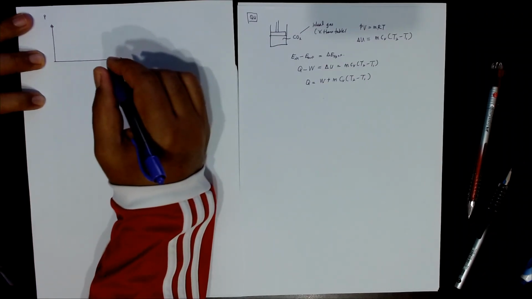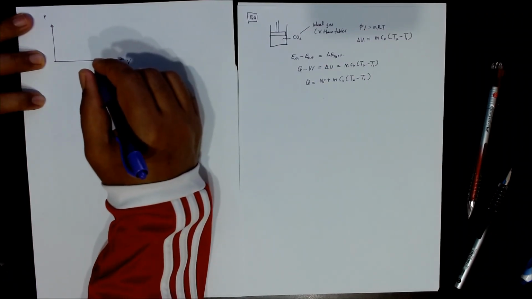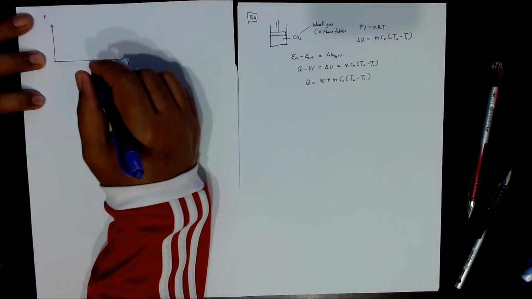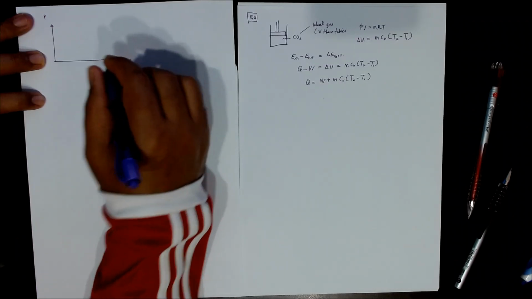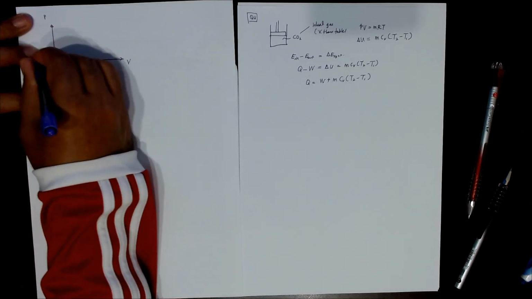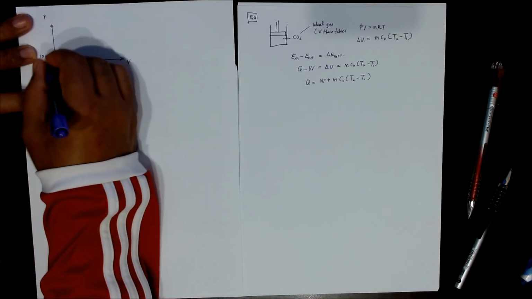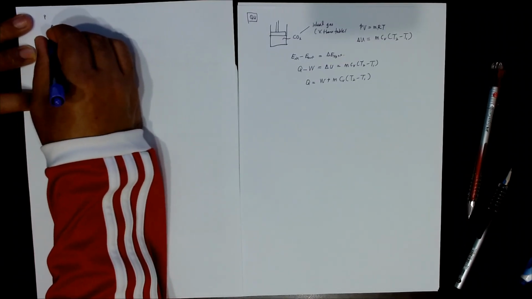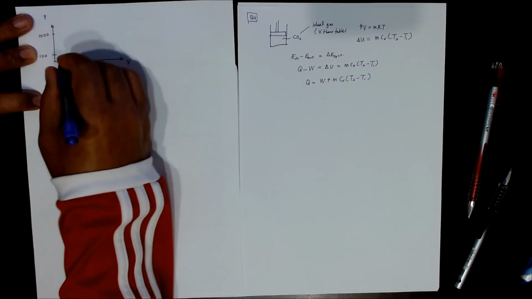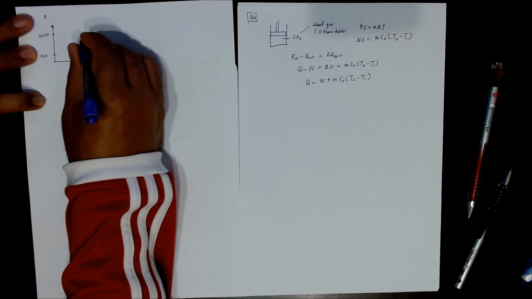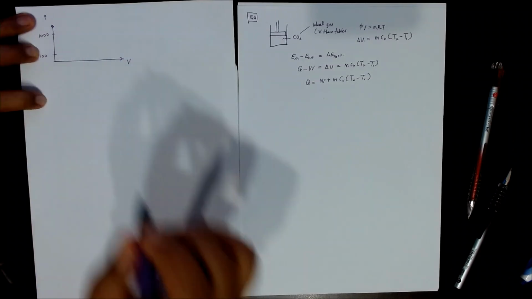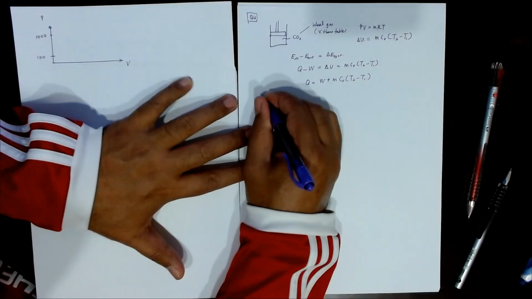Look at the second sentence: the system is heated from 100 kilopascal, 25 degrees Celsius, to 1000 kilopascal, reaching a temperature of 300 degrees Celsius. We don't know whether it's here or here. So let's start with state 1.